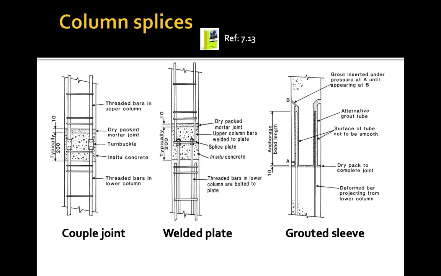So we can see here the connection between the columns. We have this example where we have a couple joint, and we are going to have a turnbuckle here. We are going to have to provide the concrete.